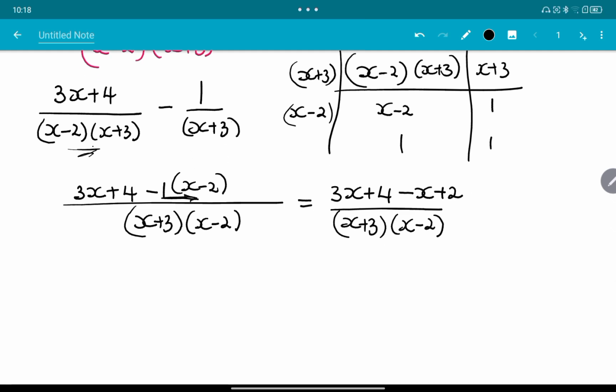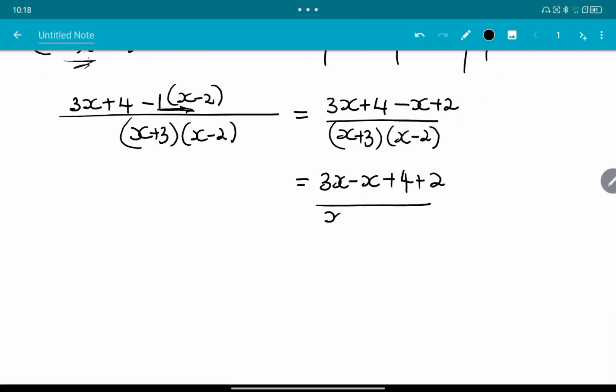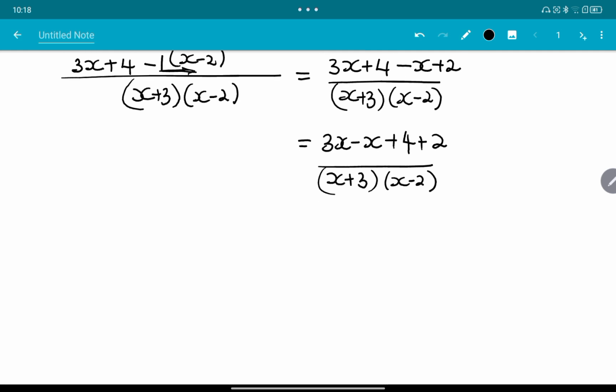At this point, therefore, we collect the like terms, which will be 3x minus x plus 4 plus 2 over x plus 3, x minus 2. So 3x minus x gives me 2x, and 4 plus 2 gives me 6, all over x plus 3 and x minus 2.